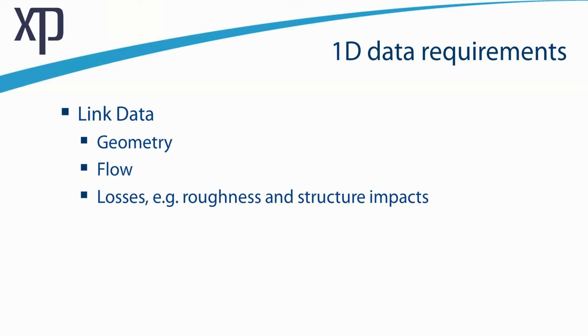Could be a levee. And from that geometry, again going back to the continuity equation, based on its cross-sectional area and inflow, we can then assess velocity, and that is done in conjunction with components of the energy equations, with roughness and structure impacts.